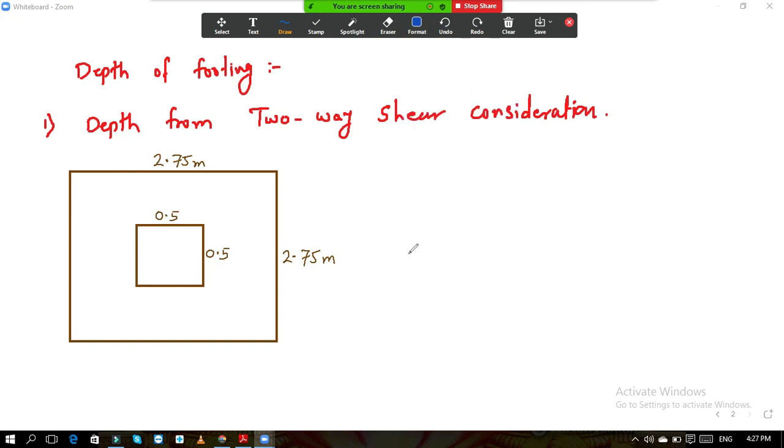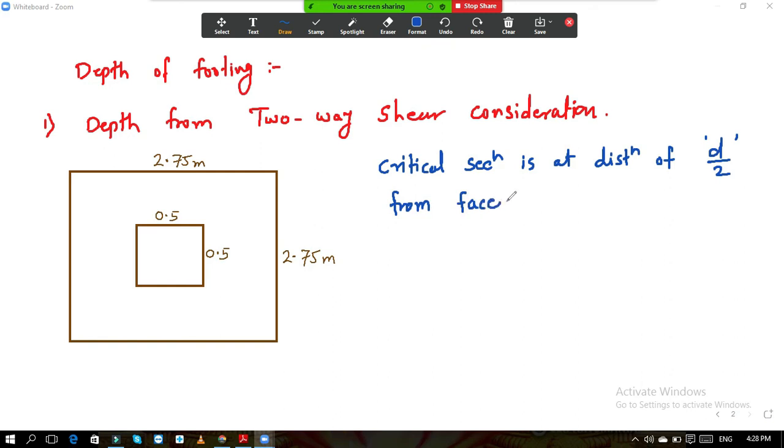So where is the critical section for punching shear? So I will write: critical section is at a distance of d by 2 from the face of the column.